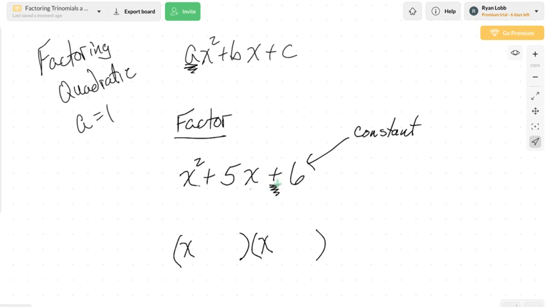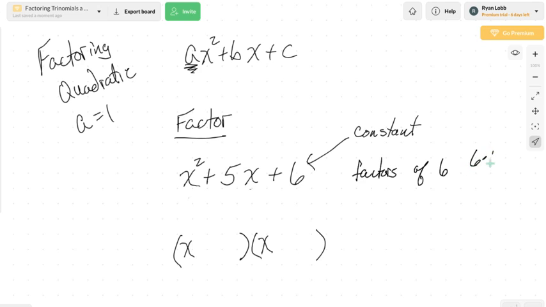Plus. So read that as add. So factors of 6 that add to this number right here, 5. As you read right to left, just say to yourself, factors of 6. What do you multiply to get 6?